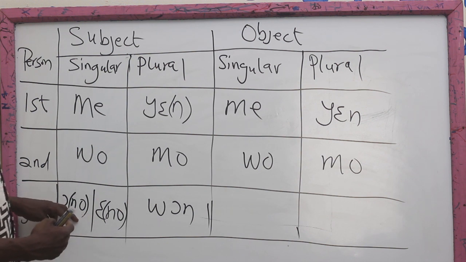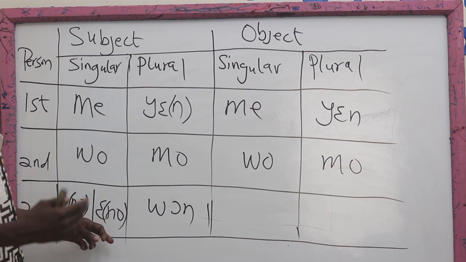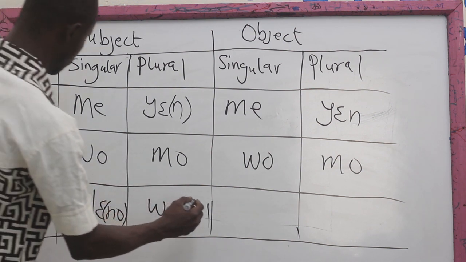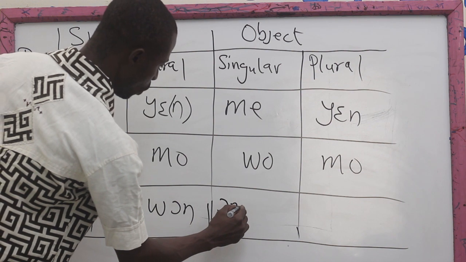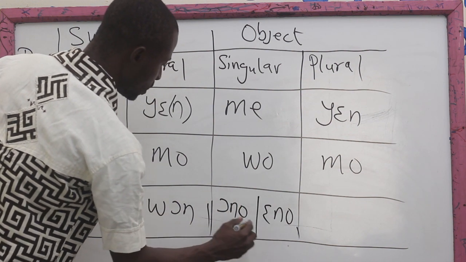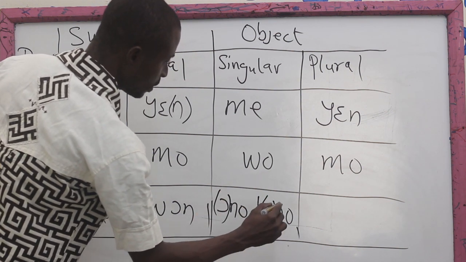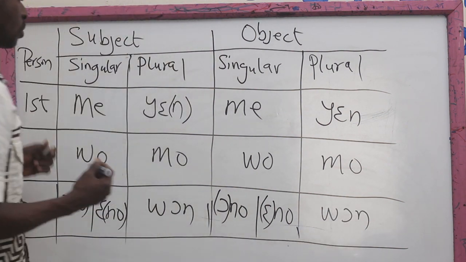Ono is represented by either he or she, and it is eno. I guess you understand. And with the object position it's the same thing, ono or eno. But in the object case, this one is put in parentheses, and one.